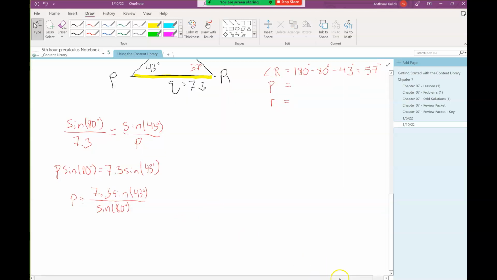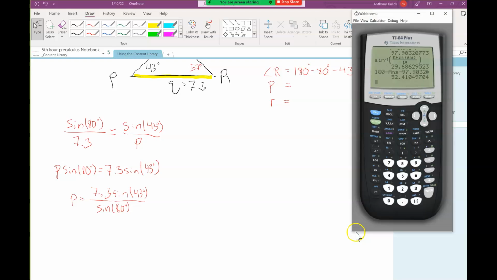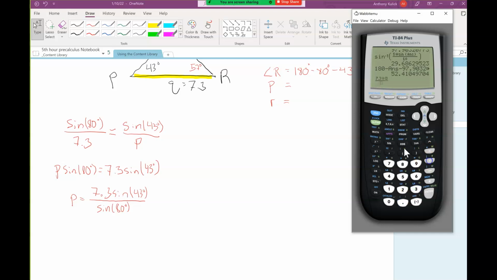And now it's calculator time. When I go to type this into my calculator, what do I have to be careful about? My mode. What mode should my calculator be in? Degrees. How do I know that? Because the angle measures are given as degrees. Very good.